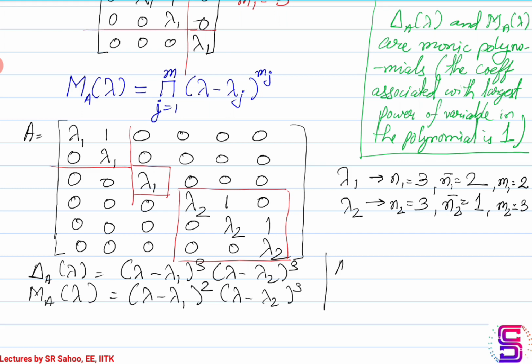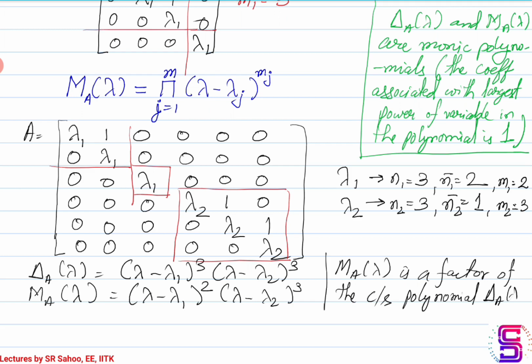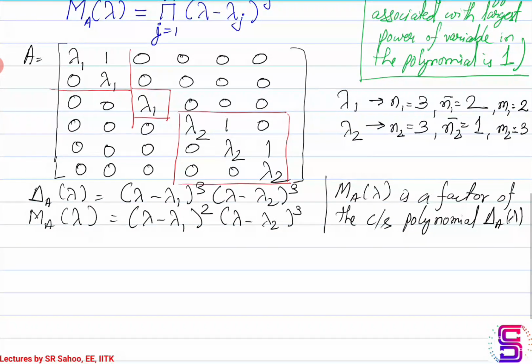Okay, so this is the difference between the characteristic polynomial and the polynomial MA that we have. So from here you can note that the MA polynomial is a factor of the characteristic polynomial. Right. So this is what you can immediately observe from here.